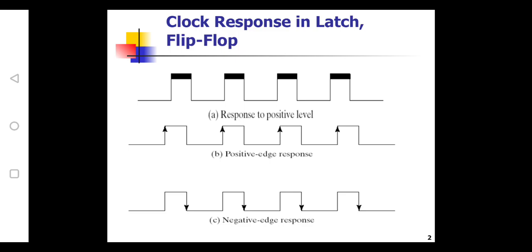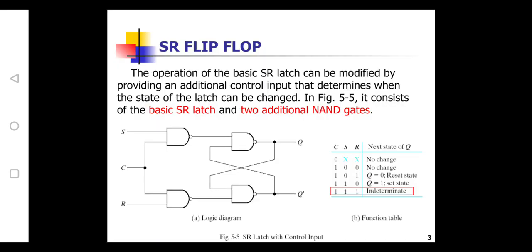If we give the input as enable, which is level triggered, it is a latch. If we give the external input as a clock, which is edge triggered, then it is a flip-flop. So let us go to the different types of flip-flops. Basically there are four types of flip-flops: SR flip-flop, JK flip-flop, T flip-flop and D flip-flop.